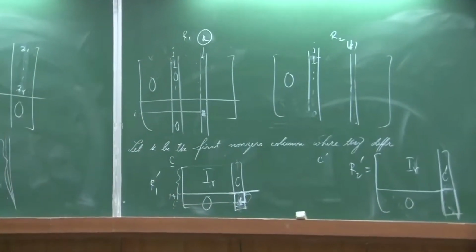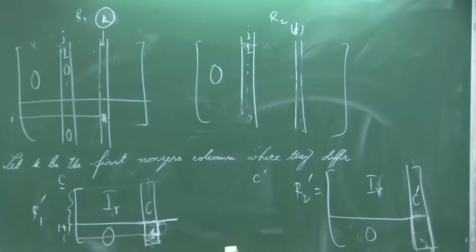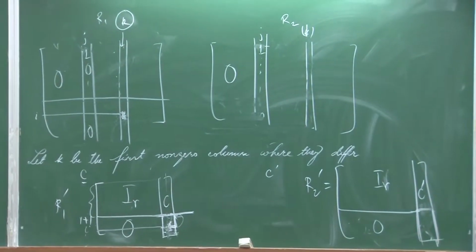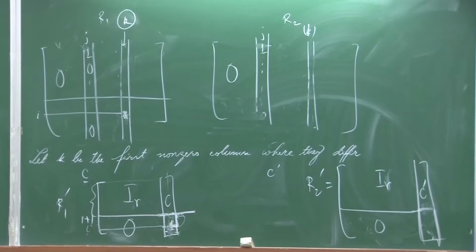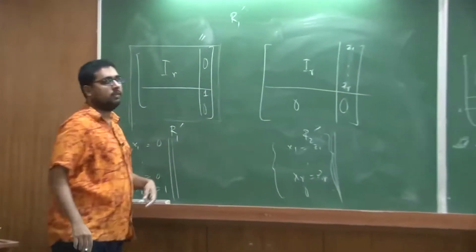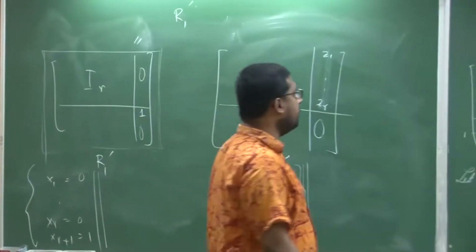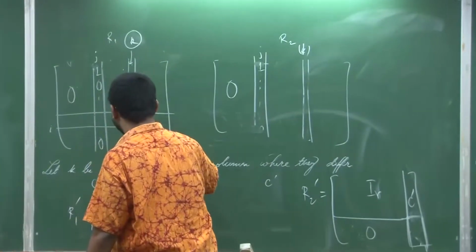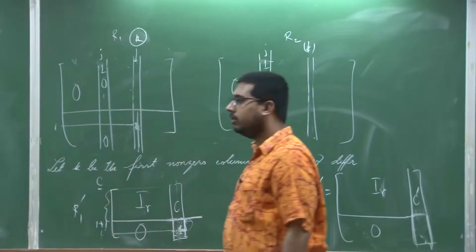Now, the possibility is that in the kth row in R1, either that contains a pivot or it does not contain a pivot. If it contains a pivot, then R1 dash will be of this form. If it does not contain a pivot, then anything here has to be 0.